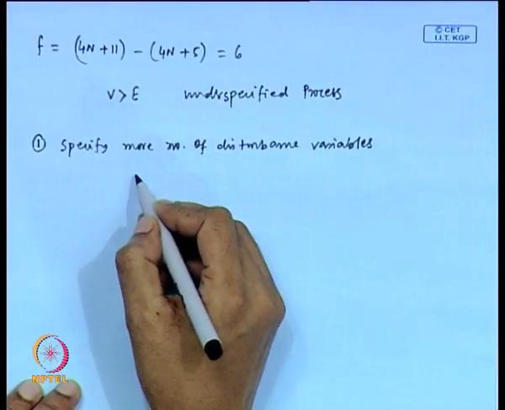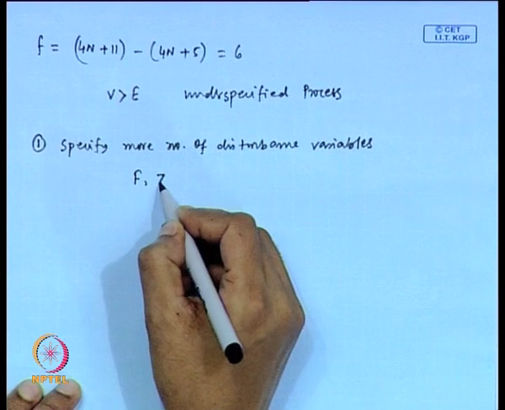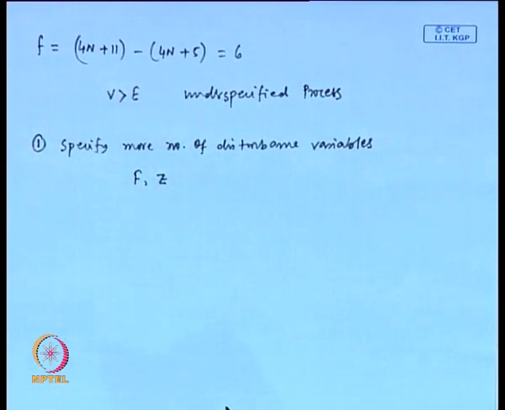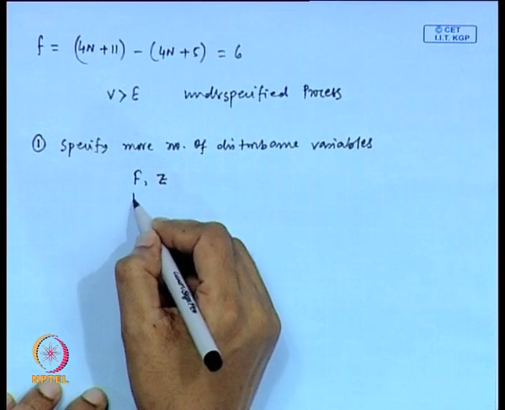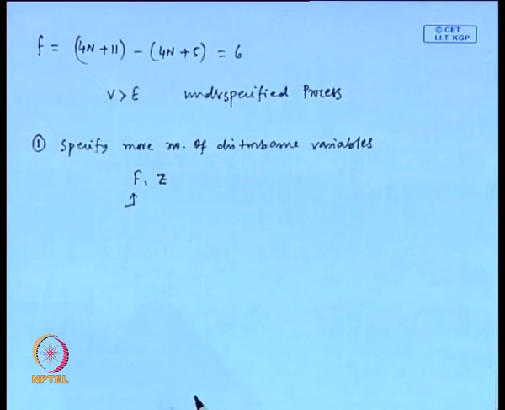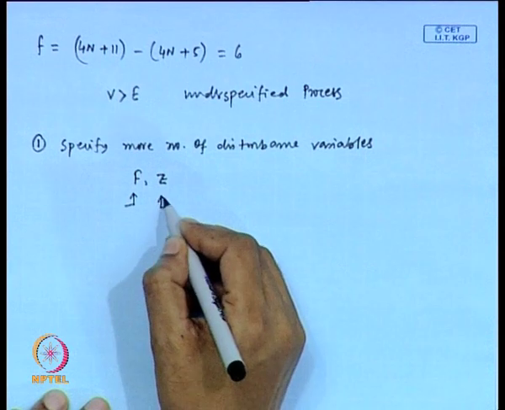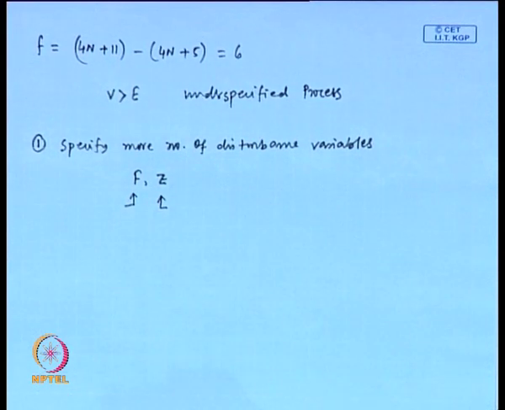So, what are the disturbance variables involved in this distillation process? One is F, another one is Z. F is feed flow rate and Z is feed composition. We can measure this feed flow rate using a flow meter. Then we have the feed flow rate information. We can measure this feed composition by any chromatographic analyzer.